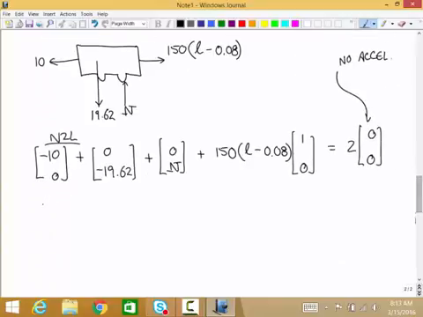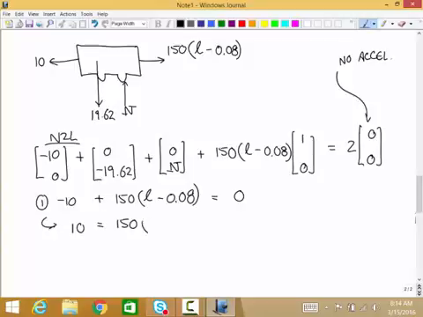And so we get two equations here. The first one says negative 10 plus 150 times the quantity L minus 0.08 is equal to 0. The second one we could use to calculate n, but the question doesn't ask about that. And so 10 is equal to 150 times L minus 0.08.